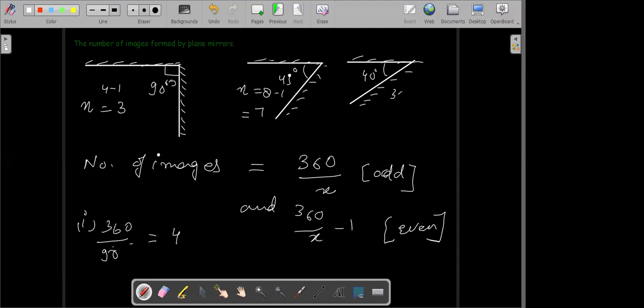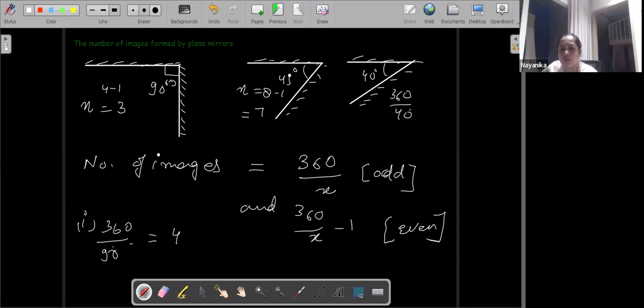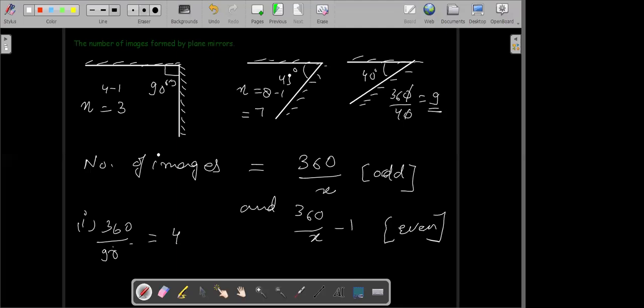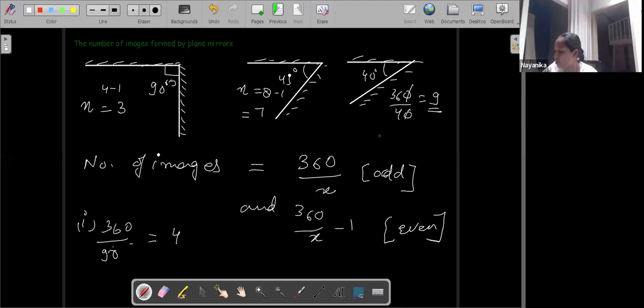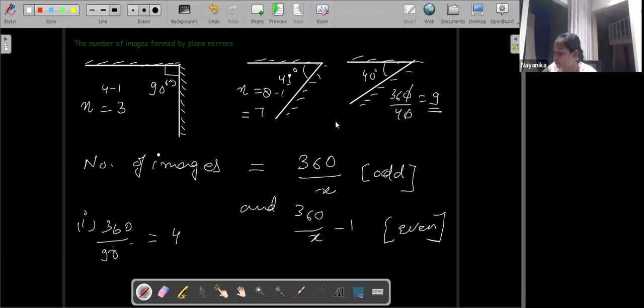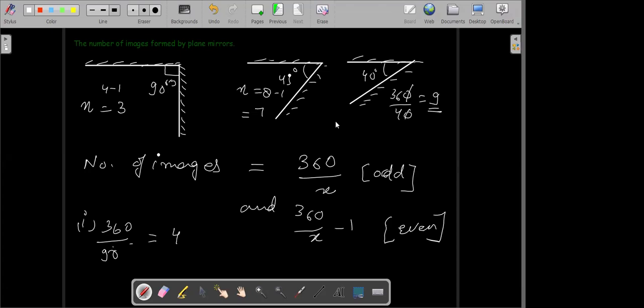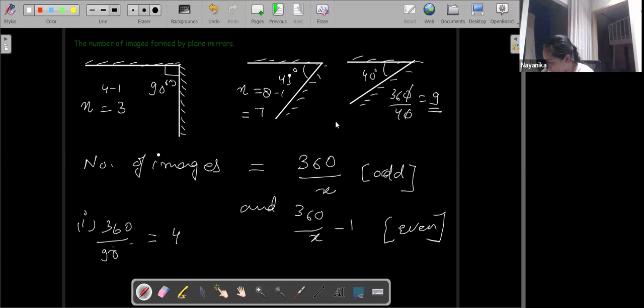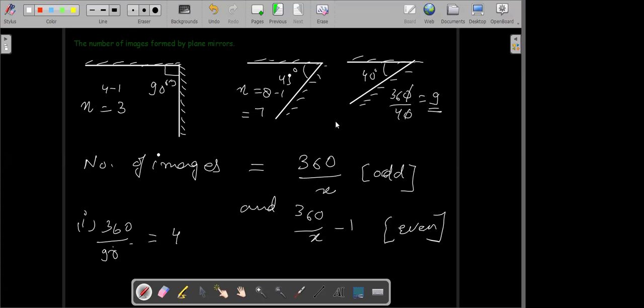It's 360 divided by 40. So you get 9, and 9 is an odd number. So if it's odd, you keep it as it is. So every time the number of images obtained will always be an odd number. It won't be an even number. Got it, everyone?